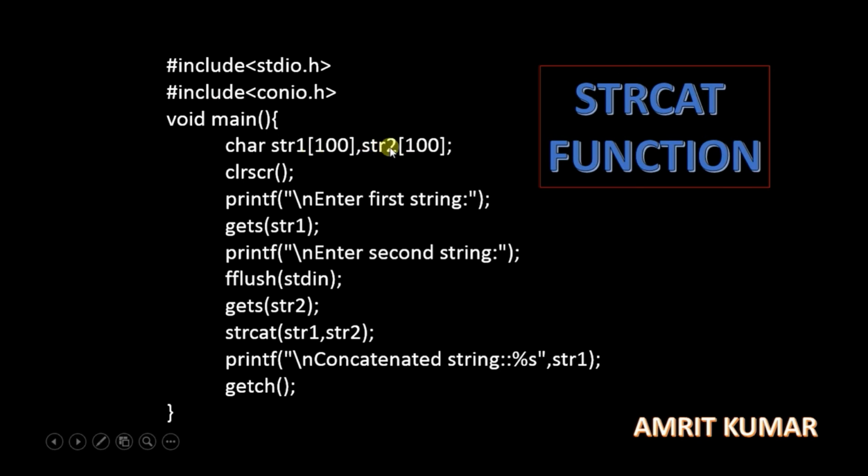After the declaration of the two arrays, I am using the clrscr function whose work is to clear the screen. Then I am printing a message to enter the first string, so that the user can enter it, and I store it in str1, an array of size 100 which can contain only character data types, with the help of the gets function. In a similar way, I display a message for the second string.